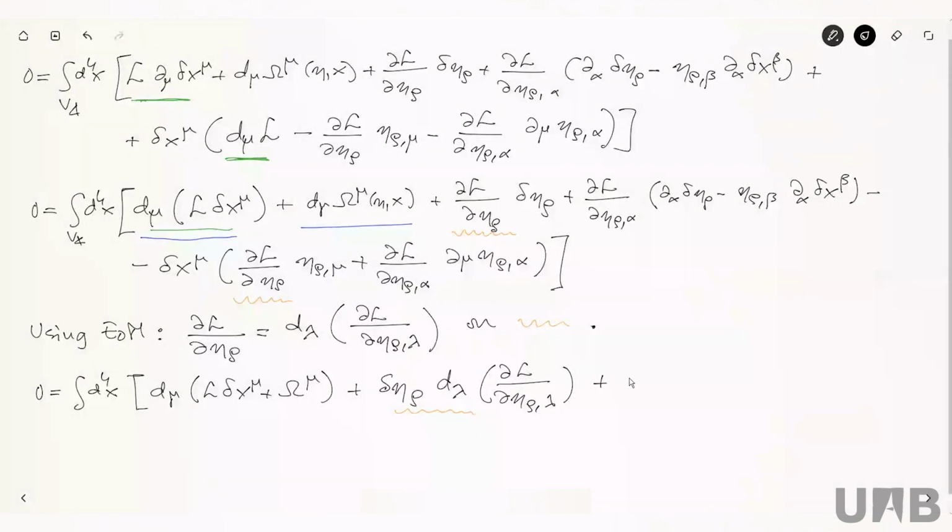Plus the derivative of L with respect to eta rho comma alpha. This we're not going to change yet.